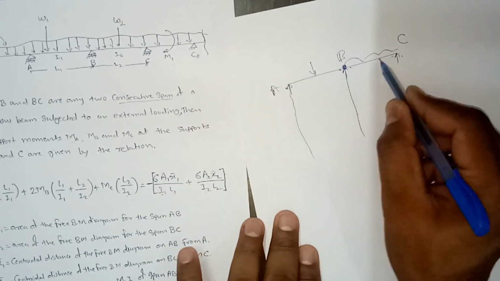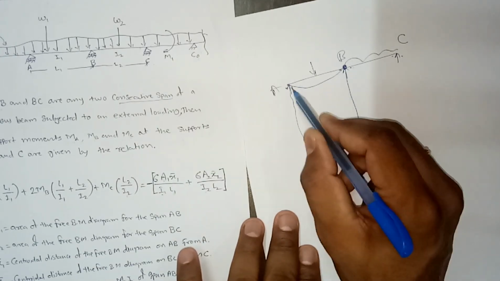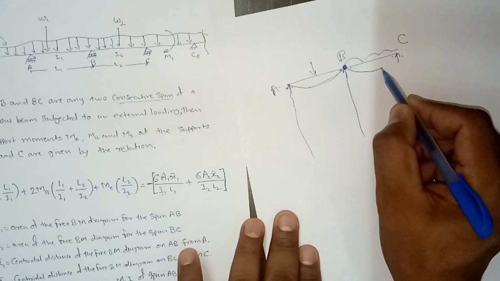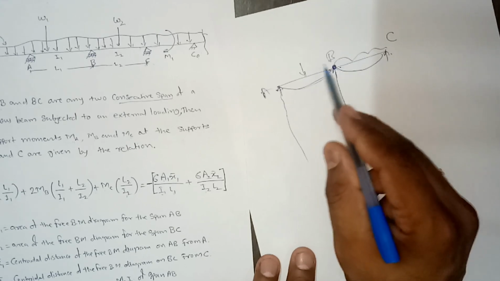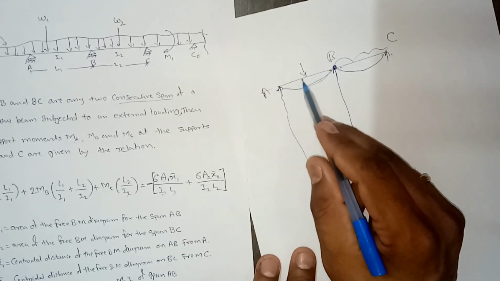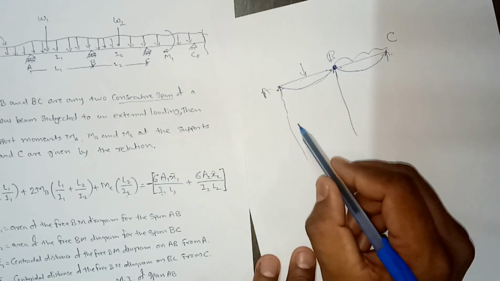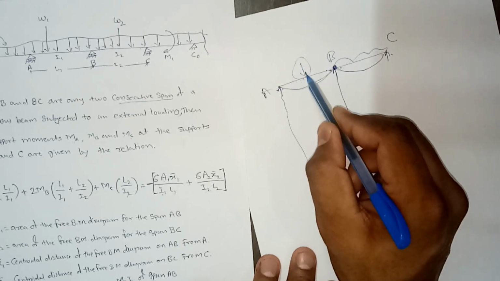So this beam won't be a continuous beam, and in that case the deformation of the first span will be like this, and the deformation of the second span will be like this. When you introduce a hinge, or consider this as a simply supported span and this also as a simply supported span, you plot the bending moment diagram for this load.